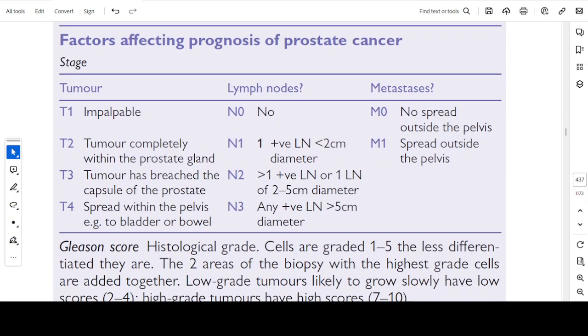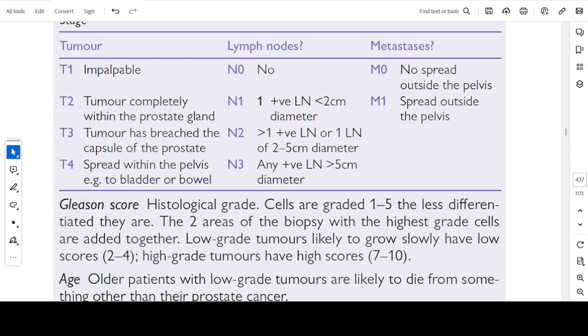Factors affecting the prognosis of prostate cancer. T1, impalpable prostate cancer. T2, tumor completely within the prostate gland. T3, tumor has breached the capsule of the prostate. T4, spread within the pelvis, for example into the bladder or bowel, that is local spread. N0 is no lymph nodes and M0 is no metastasis outside the pelvis. N1, one positive lymph node less than 2 cm in diameter.